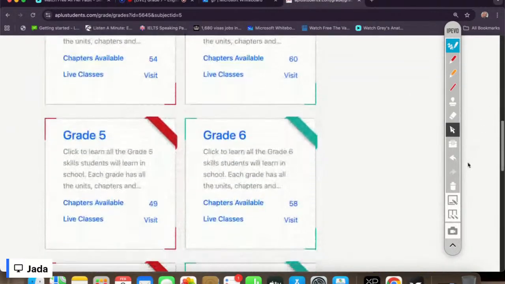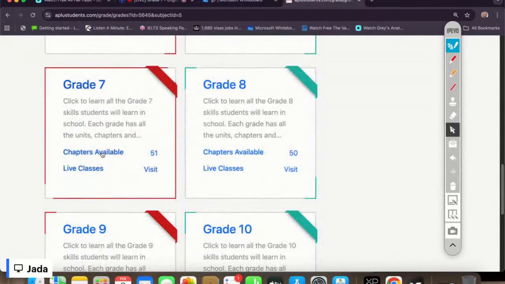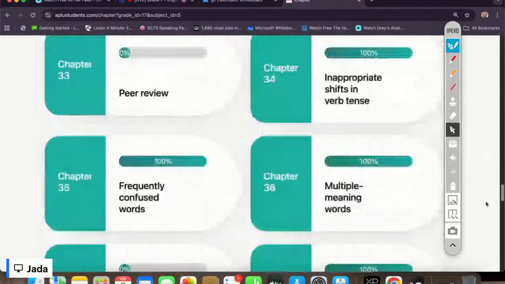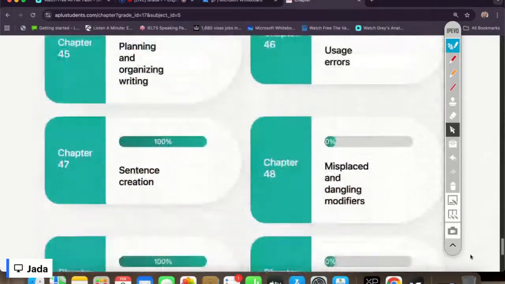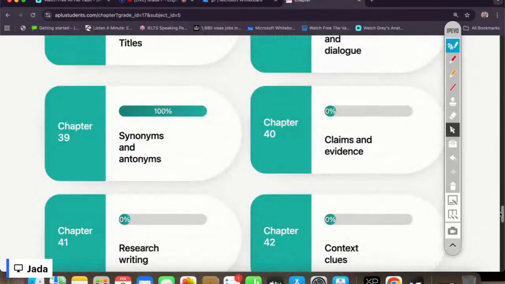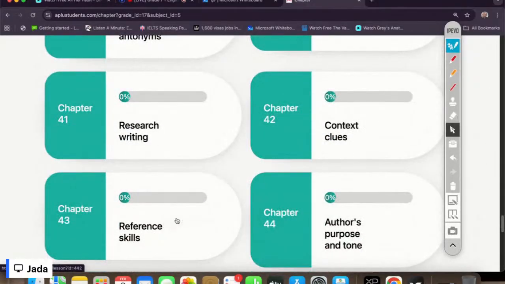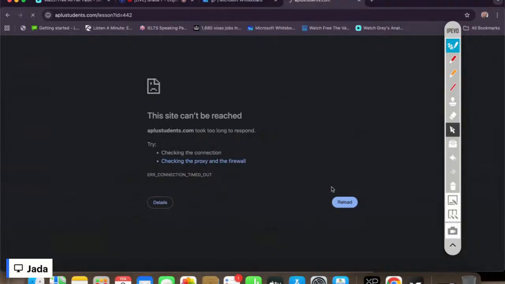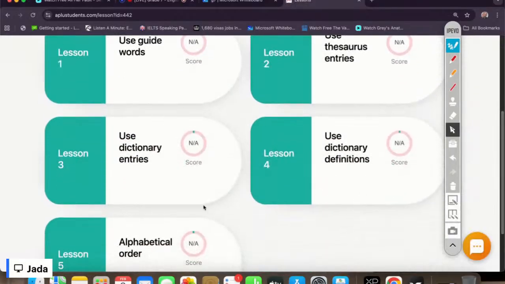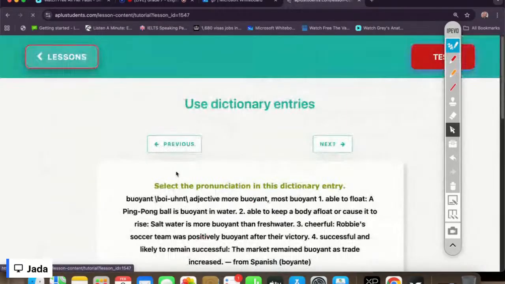You scroll down and go to grade 7, and we scroll down to reference skills. We did the first two lessons, so we'll move on to the next three. We'll start with use dictionary entries.